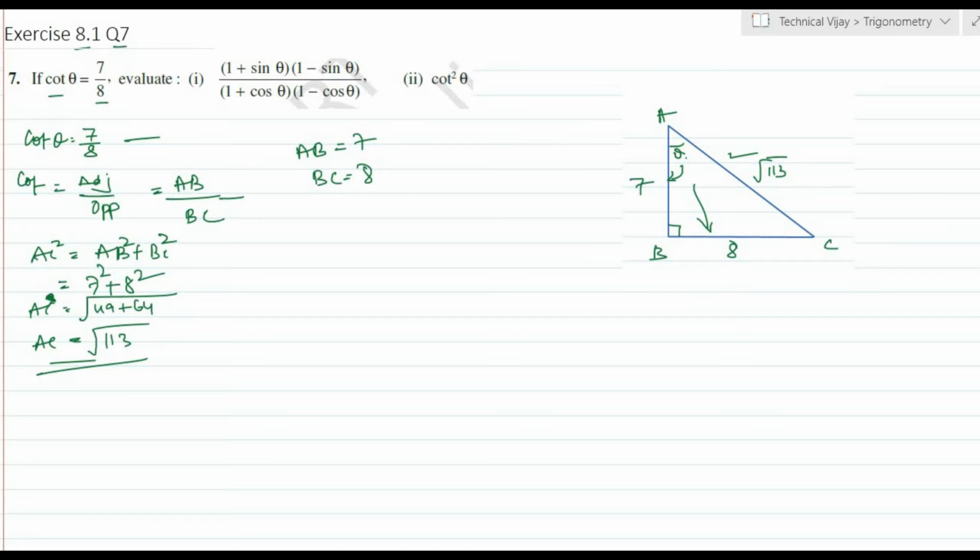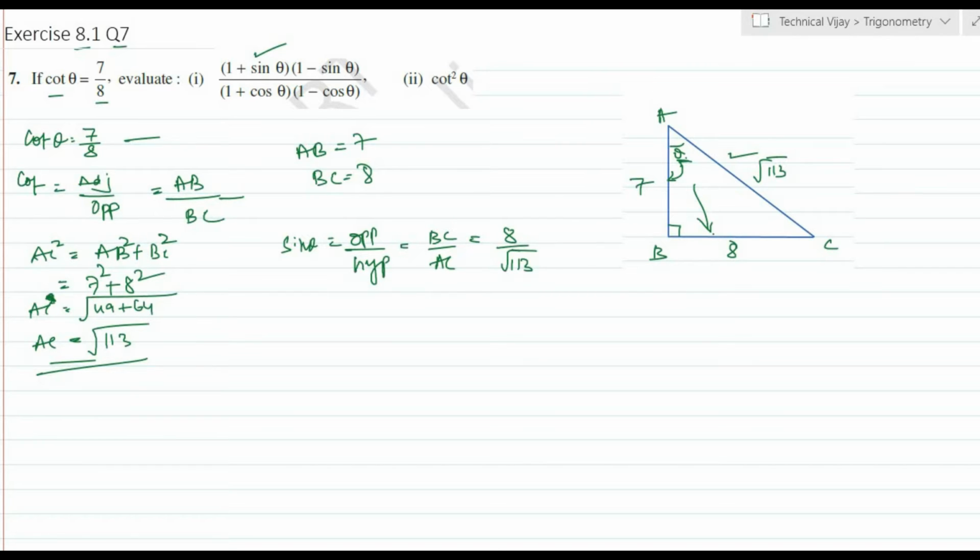Now we know all three sides, so we can calculate sine theta as opposite divided by hypotenuse, that is BC divided by AC, so 8 divided by root 113.